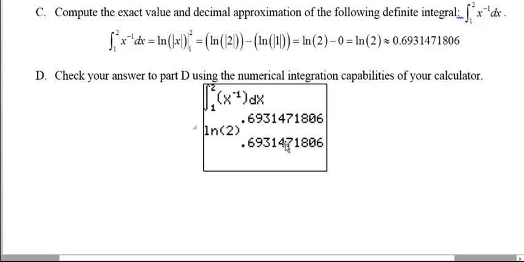If I just need a decimal approximation, I can do it two ways. I can either find the antiderivative, find the exact value, and then approximate, as I did here at the bottom, or I can just do as I did here at the top of the screen on this calculator, and that is just do a numerical integral, which is essentially Simpson's rule.